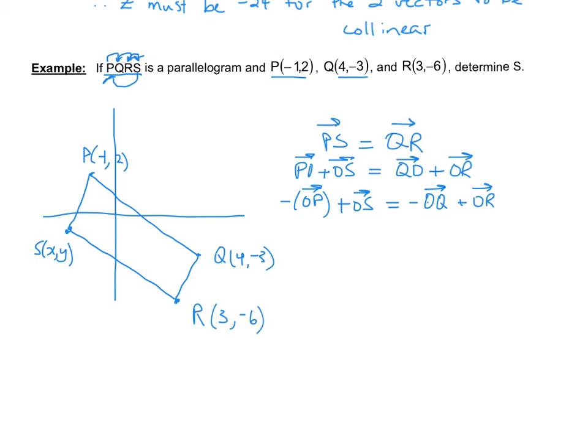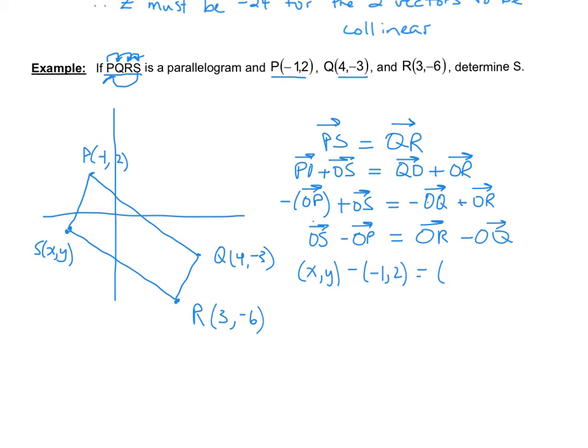All right, let's put some things into play here. I'm going to turn these around: I'm going to put my OS first and then subtract my OP, just to make it a little more pleasing to the eye. And then we're going to put in our values. OS, I don't know its coordinates yet, so I'm just going to use x, y. OP would be -1, 2.